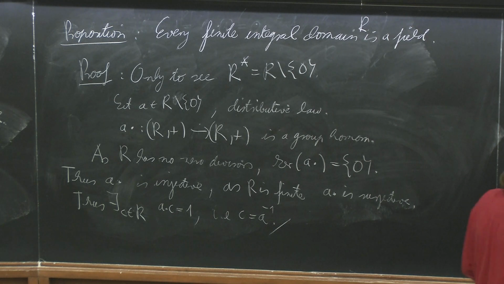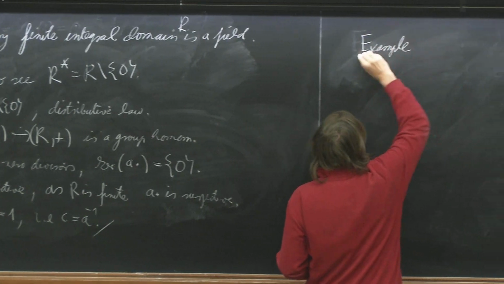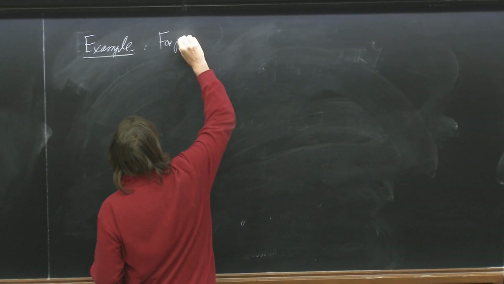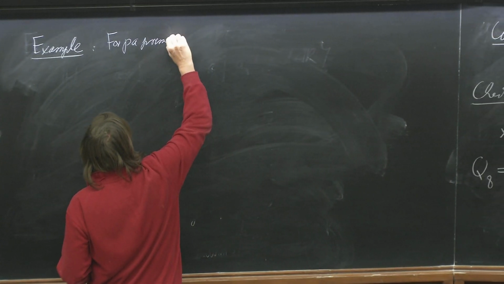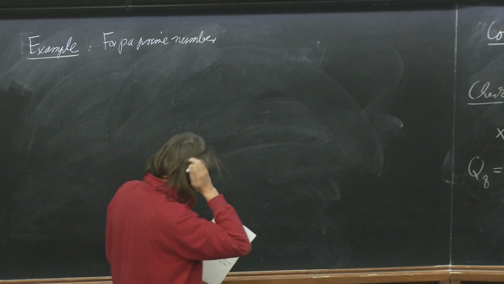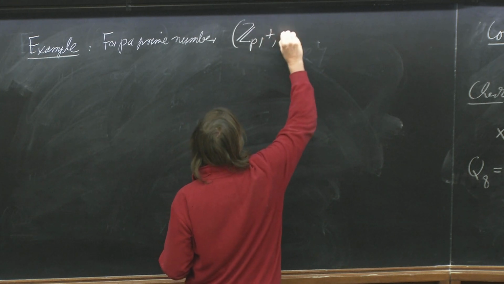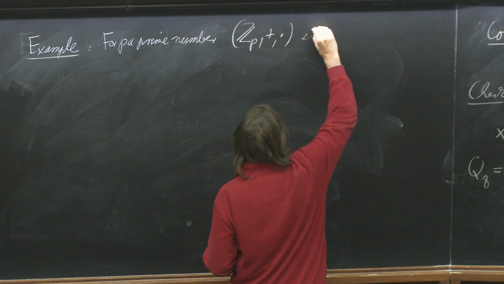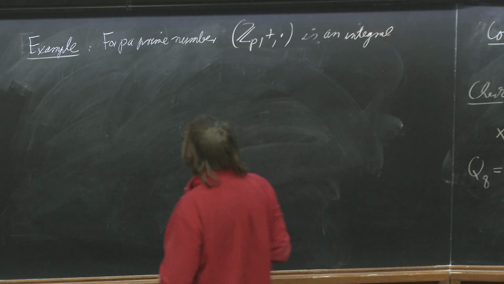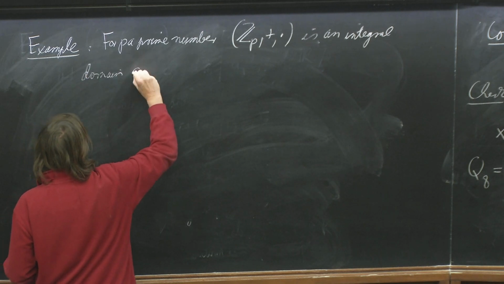So for example, for p a prime number, Z_p with addition and multiplication is an integral domain, thus a field.